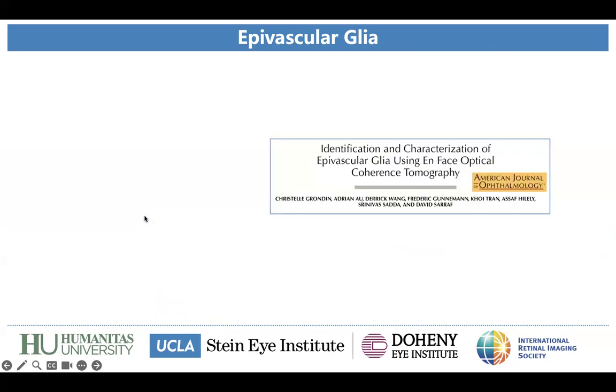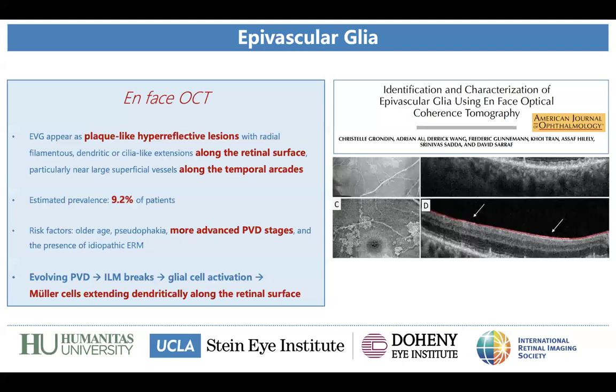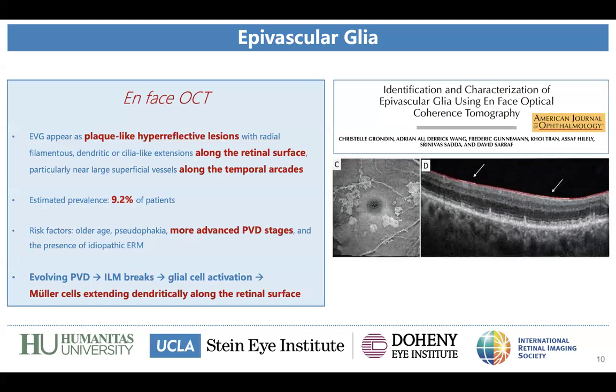These lesions were studied with face OCT in this paper, and the authors found a prevalence of about 9% thanks to face OCT, especially visible with a thinner slab at the level of the ILM. The authors correlated these lesions to more advanced PVD stages, hypothesizing that Mueller cells activate and extend dendritically along the retinal surface following PVD.